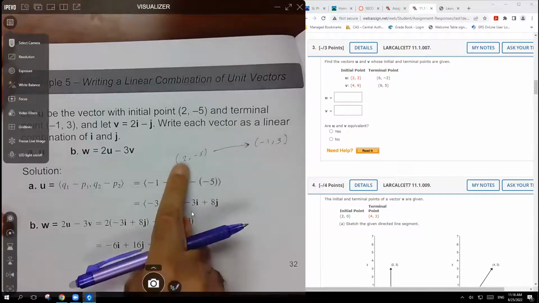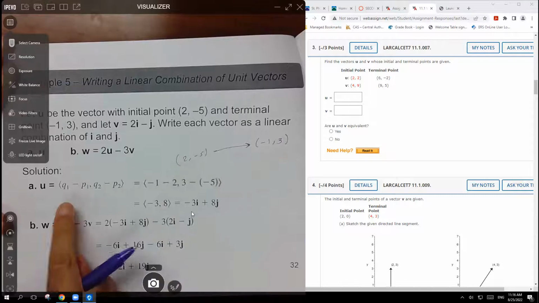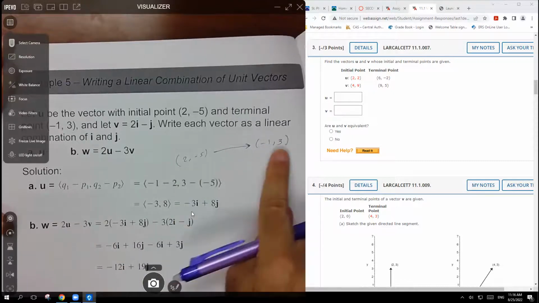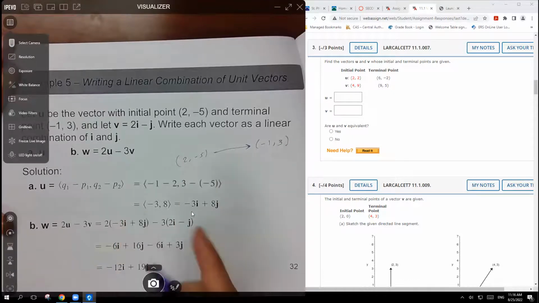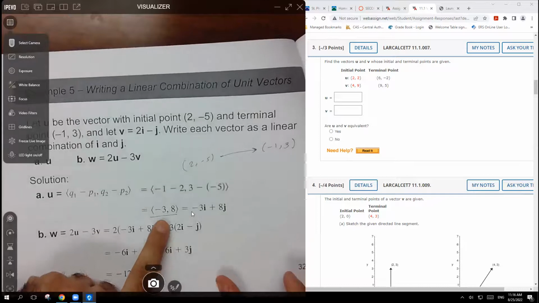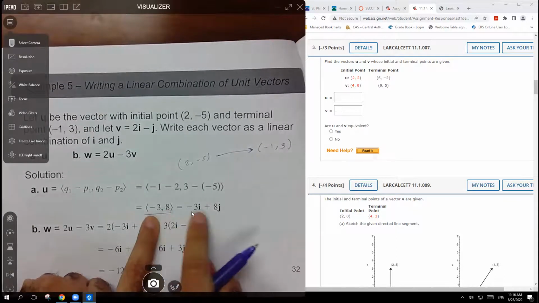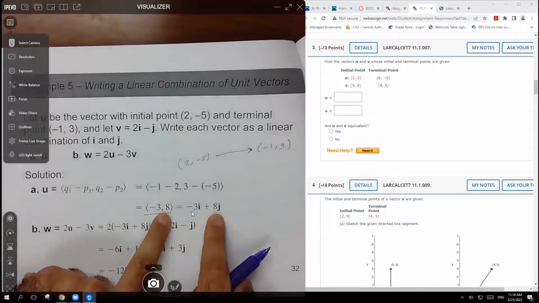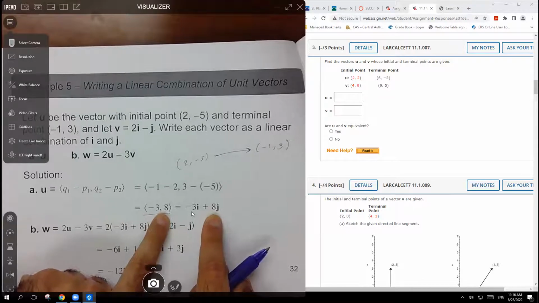So this is P, this is Q, Q1 minus P1, Q2 minus P2, and here's the vector. How do we write this vector as a linear combination? It's going to be -3i plus 8j. That's it. This is the linear combination.